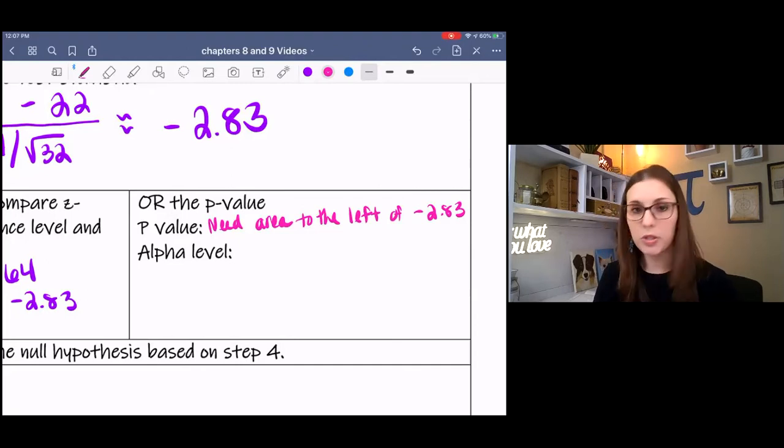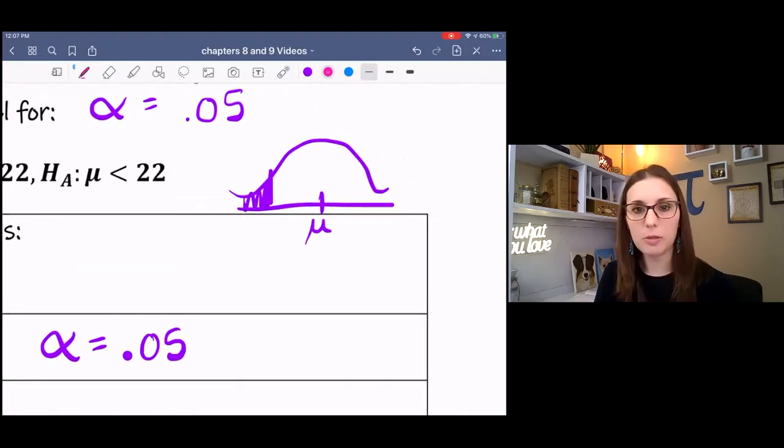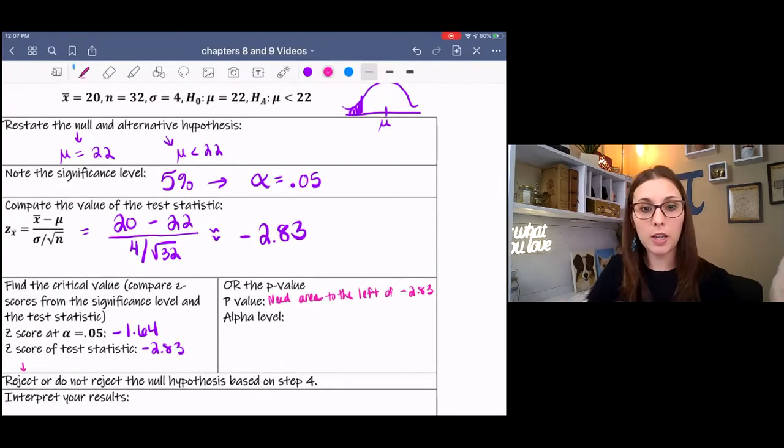When you type in normal CDF, you have to tell the calculator what your region is. And we know, since it's a left-tailed test, that our region for the area we're looking for is from negative infinity to this test statistic.